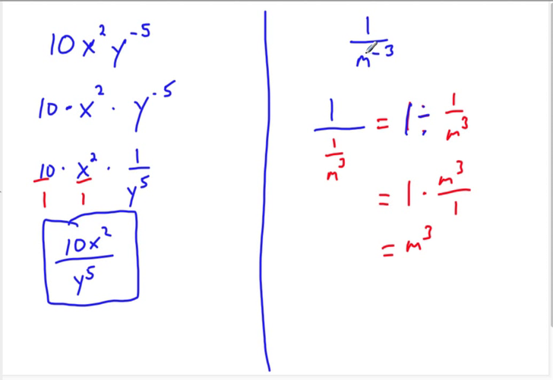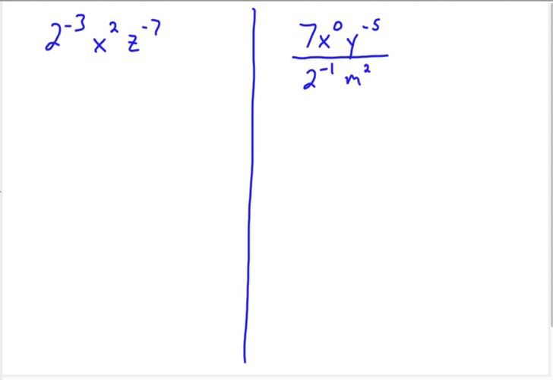So if it's on the top with a positive exponent, it stays there. If it's on the bottom with a positive exponent, it stays there. However, if it's on the top with a negative, it moves to the bottom. And then if it's on the bottom with a negative exponent, it moves to the top. So it's kind of easy to figure out that way.